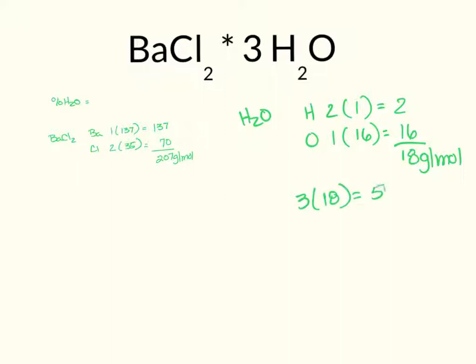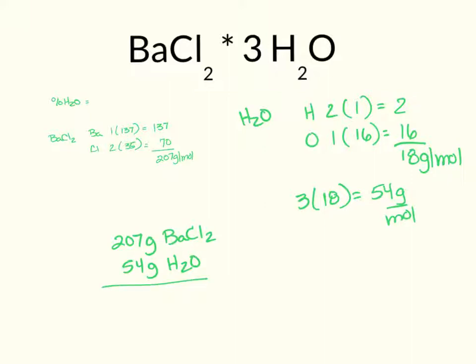That is 54 grams per mole for the water portion. So we end up with 207 grams of the barium chloride, and we have 54 grams of the water. So the total for the entire thing is 261 grams per mole.